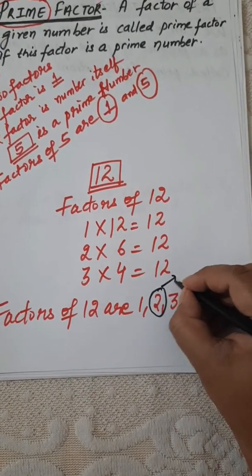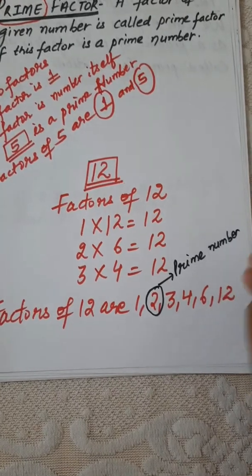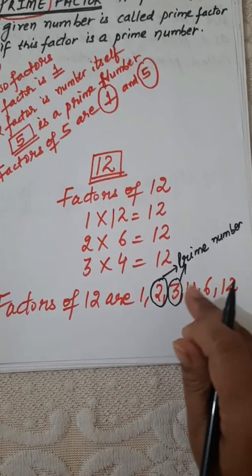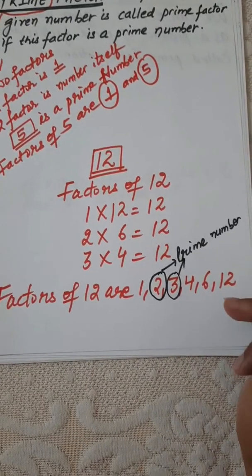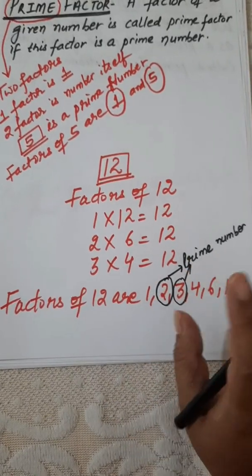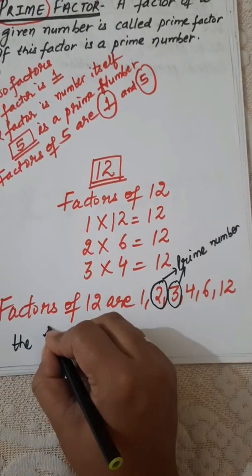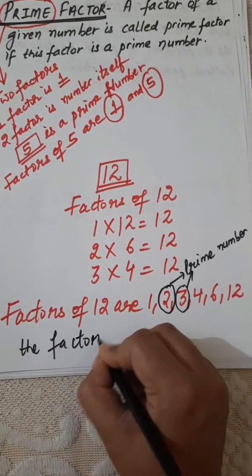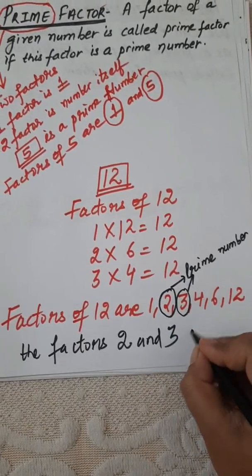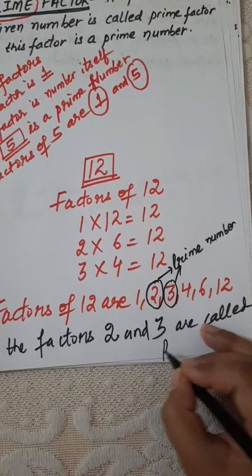Here 2 is a prime number, and here 3 is also a prime number. 4 is composite because 4 has more than 2 factors. 6 is composite, 12 is composite. Now in these factors we have 2 prime numbers, so we can say that the factors 2 and 3 are called prime factors.